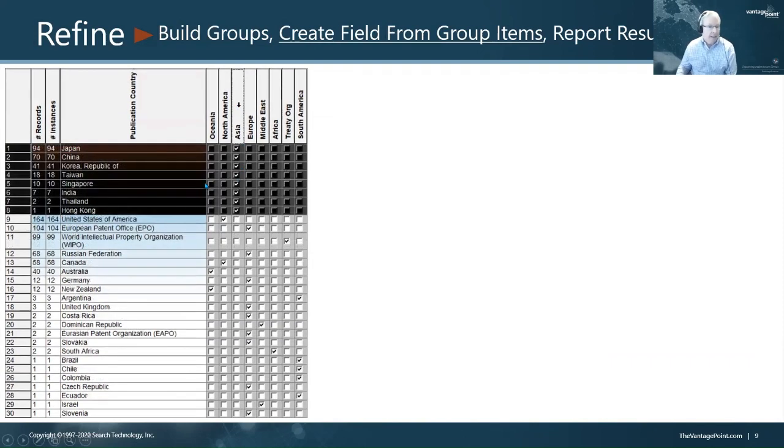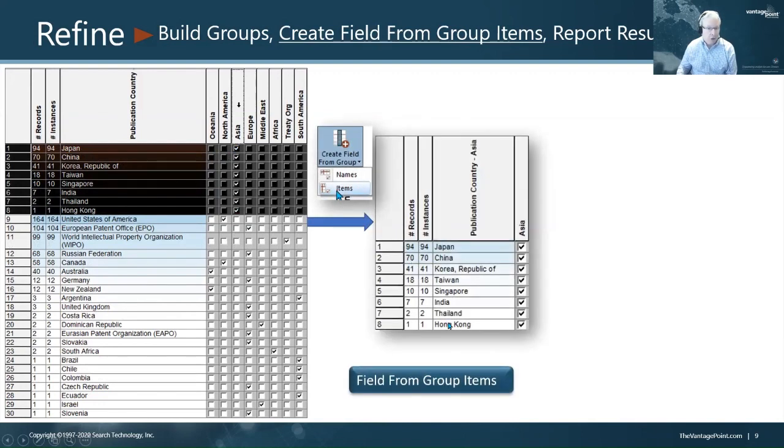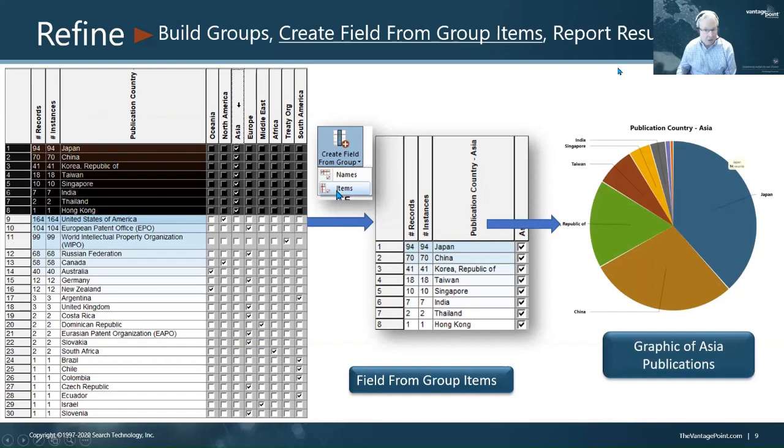By clicking on Asia, sorting it and selecting these particular countries within this group, I can now select items and it will show me those within a field called Asia, and I can just work on the Asia information within my analysis and so forth. So that's the other way of taking groups and building new fields, one from group names, one from group items.